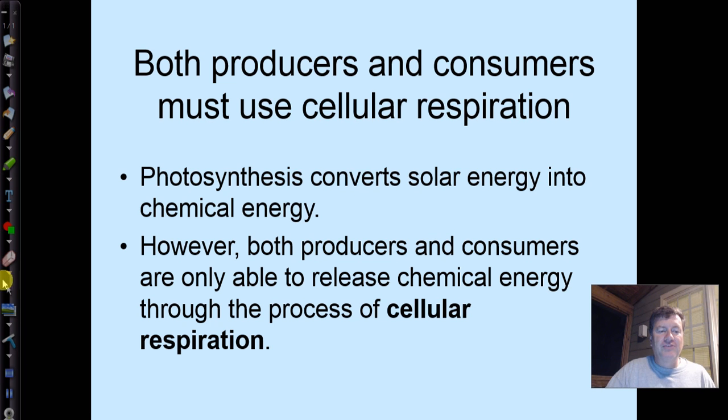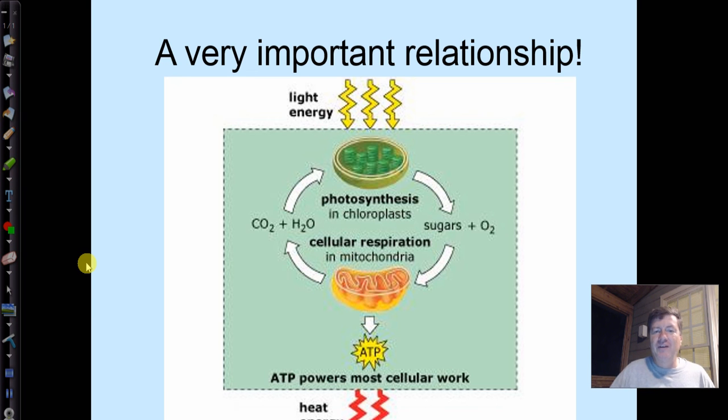And the final point, and it's a really important one for you to see, is this relationship between photosynthesis and cell respiration. Light energy comes in from the sun. Plants capture that energy and they make sugars and they make oxygen.